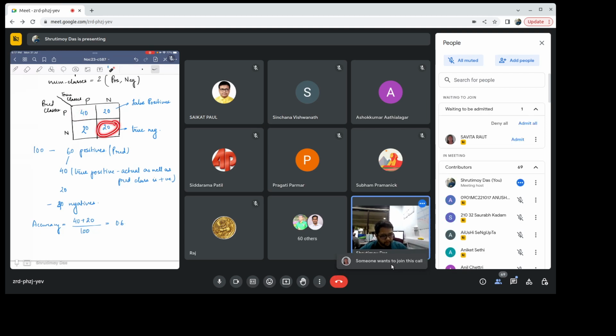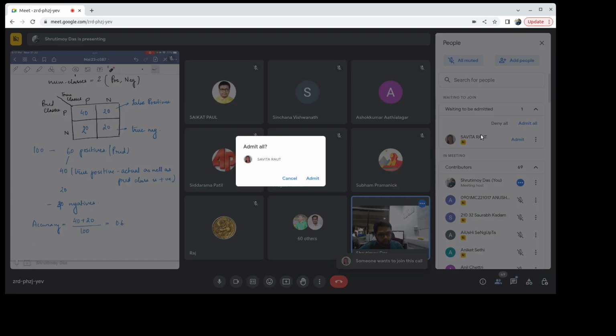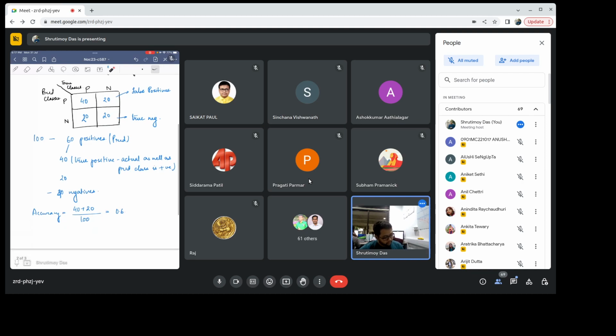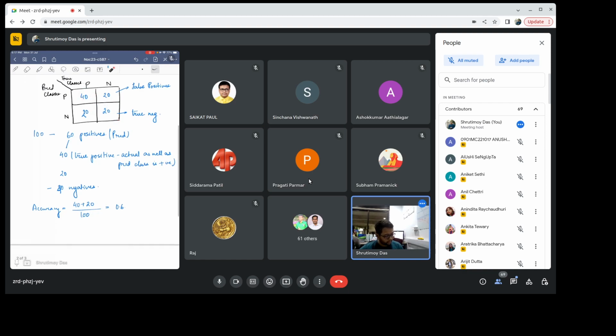For this cell, we predicted this is negative and these are actually negative. So these are also correctly predicted. Accuracy measures how much of our examples are correctly predicted, which will lie on this diagonal of the confusion matrix. In this case, accuracy is 0.6.